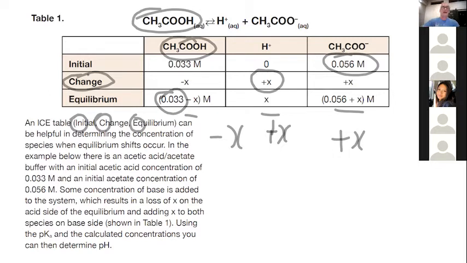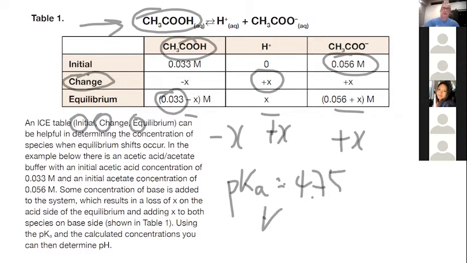Then we solve for X using the pKa of acetic acid. The pKa of acetic acid is 4.75. Therefore, the Ka is 10 to the minus 4.75. And what is the Ka?